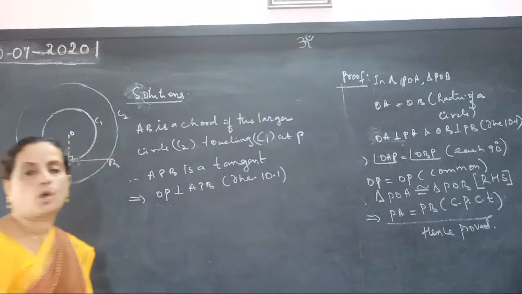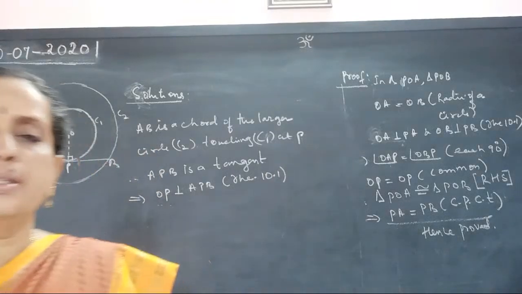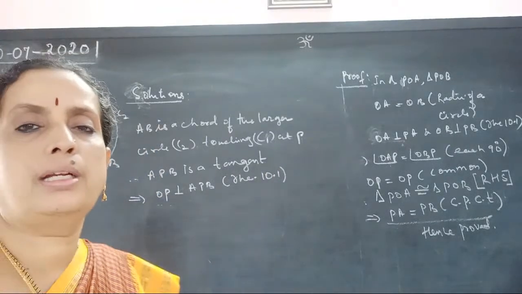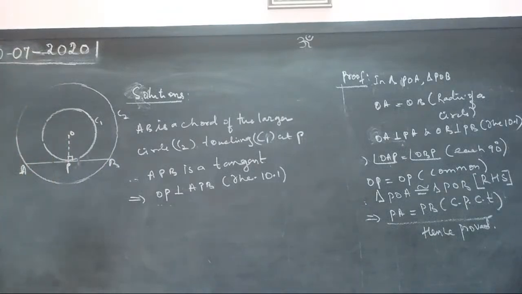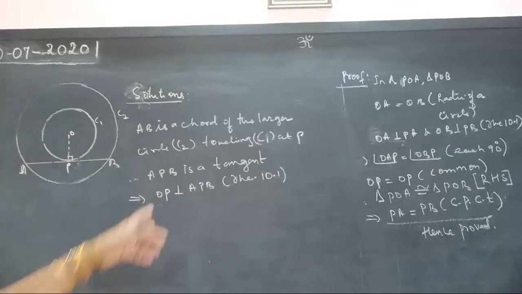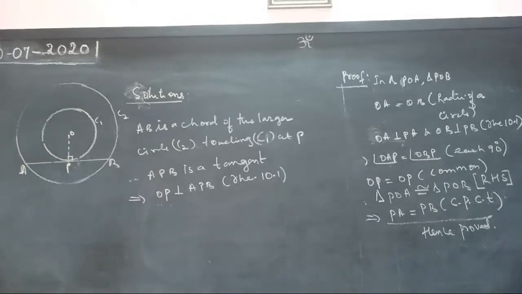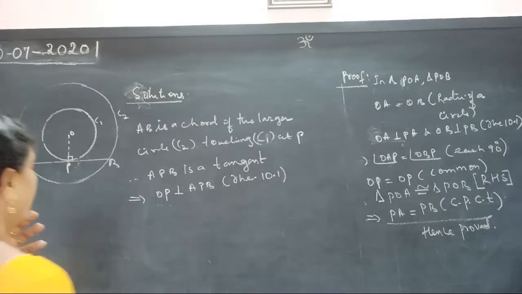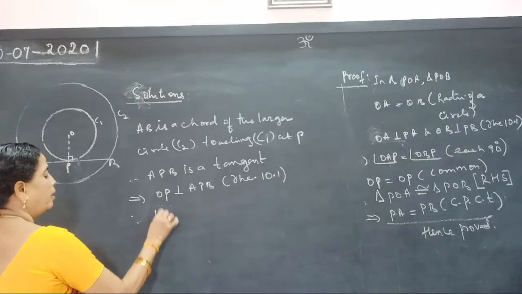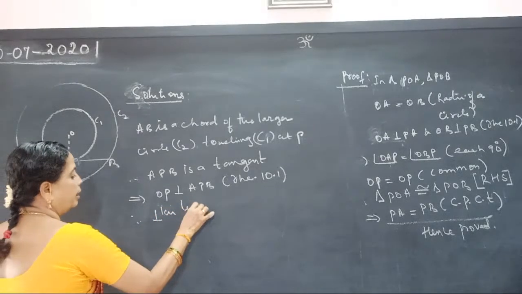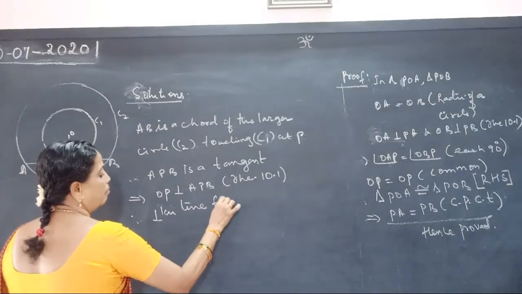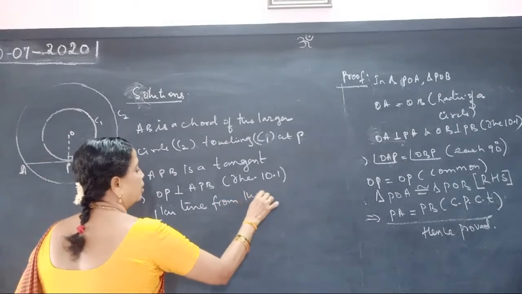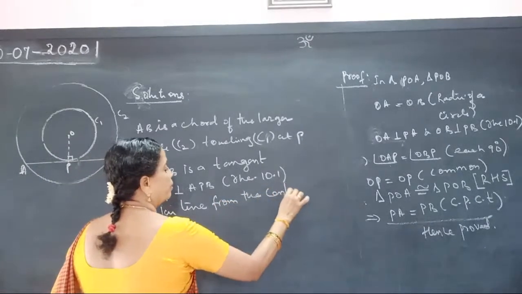The radius drawn from the center is perpendicular. Yes, Abhilash, you are correct. Vishal, you are perfect. OP is perpendicular to APB. When it is a tangent, it must be perpendicular at the point of contact. And we know that a perpendicular line from the center bisects the chord.